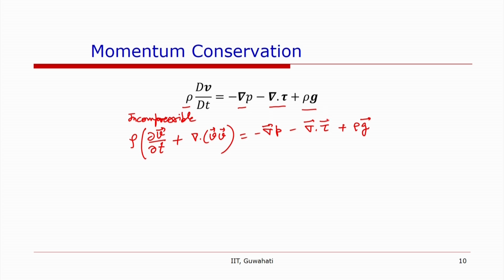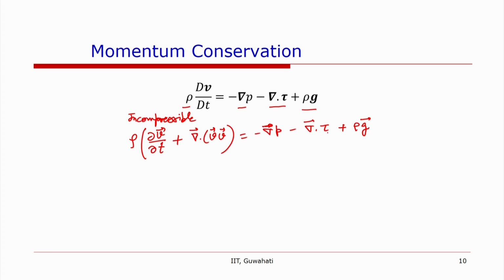You can see that all the terms are vectors in this, and it is quite clear from here that V is a vector, g is a vector. The pressure is a scalar, but the gradient of pressure will be a vector.